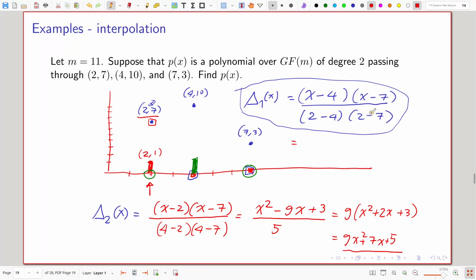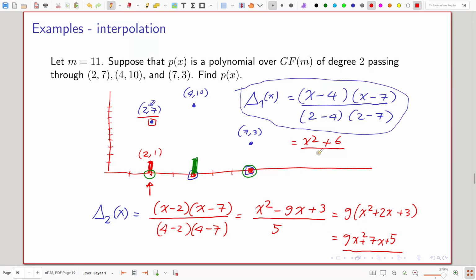So you can also work on this. Let me do it really quickly. So it's going to be x squared minus 11x plus 28, but 28 is 6, right? Plus 6. This is 0. Oh, nice, right? 0. Minus 11 is 0. 6 over this is minus 2.